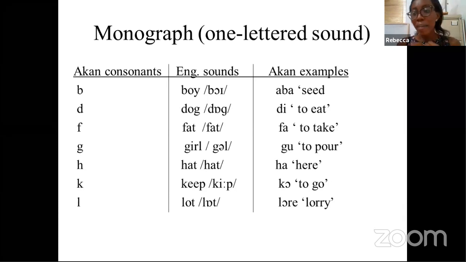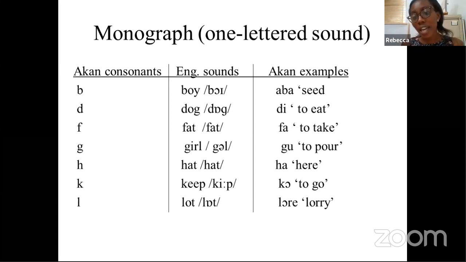So let's look at the monographs, or the one-letter sounds, which we also have in English. Yes, English has one-letter sounds, just like in Akan. So basically, we will not learn anything so far-fetched from English words. So we have the b in boy, the English word boy.